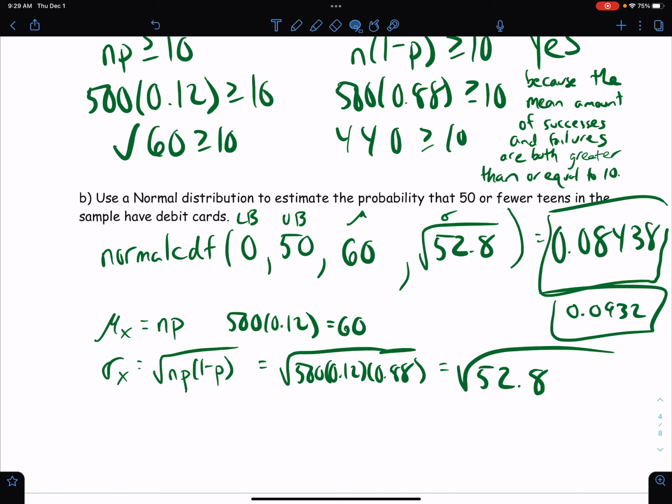Unless you're one of the bigger businesses with a lot of money, the normal distribution is just so close to a binomial distribution that the percentages will even be closer than this. So that's why we use a normal distribution. It saves time, it saves money, and some people just can't do that when it gets to such a large number because they don't have the technology for it.